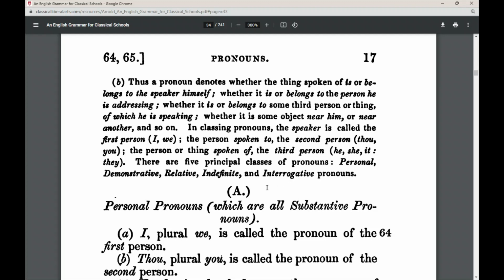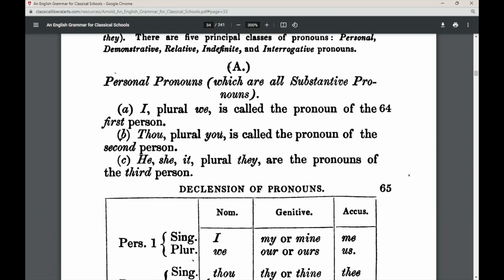Let's go ahead and get started with the first class of pronouns here in letter A, section A, and we see that these are the personal pronouns. We just learned that there are 3 persons in pronouns, first, second, and third, and the personal pronouns are the pronouns that express these 3 persons.